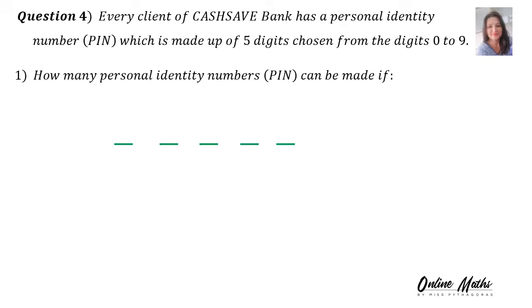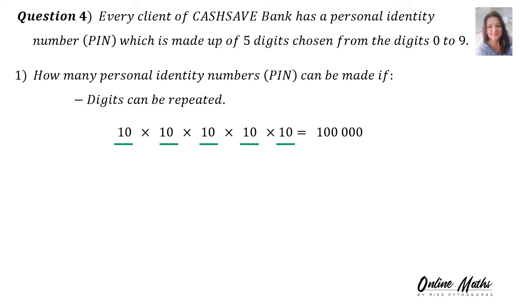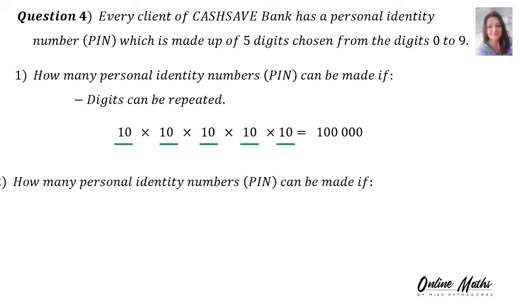How many personal ID numbers or PIN numbers can be made if digits can be repeated? Now, do you agree? From 0 to 9 is in fact 10 digits. Therefore, for the first space, 10 times 10 times 10 times 10 times 10, which is 100,000.